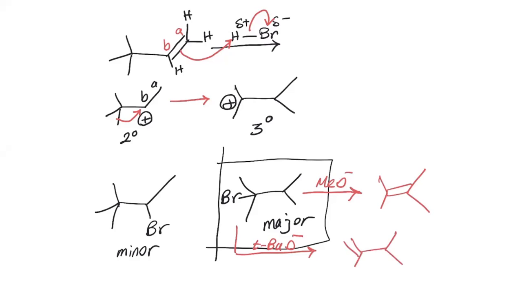And how about the minor product? If I add methoxide or tertiary butoxide, what do I get? You can turn on your microphone and tell me.